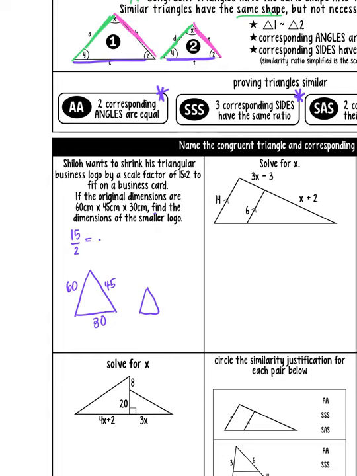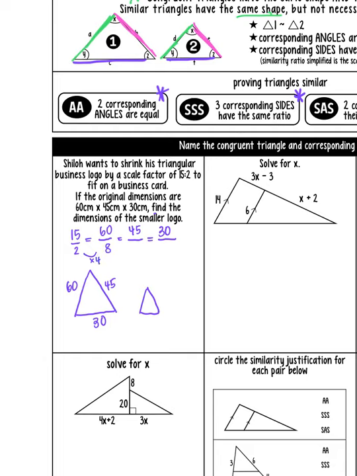So we'll set up our three ratios in a proportion. I've got 60 here, 45, and 30. So in order for them to be similar triangles, I need to have the same proportions. Since 15 times 4 is 60, I'll do 2 times 4 to get 8.